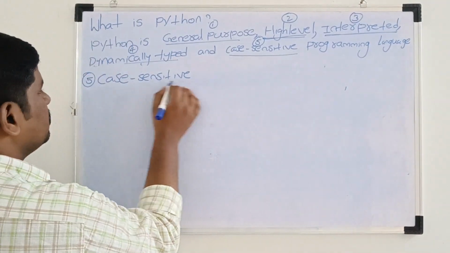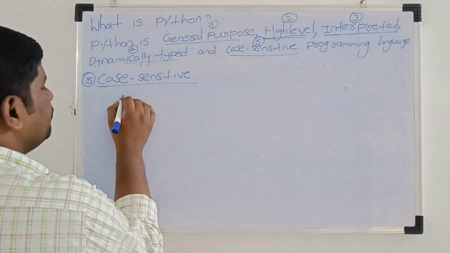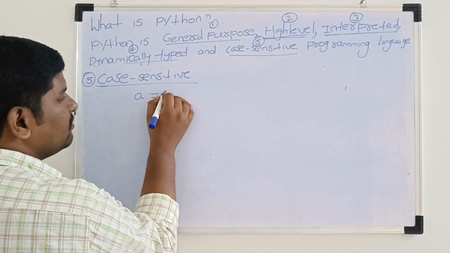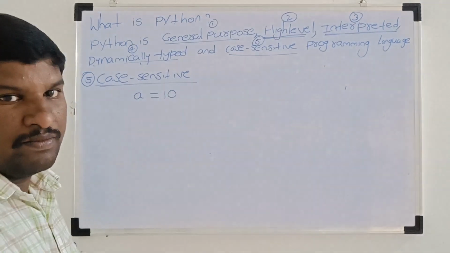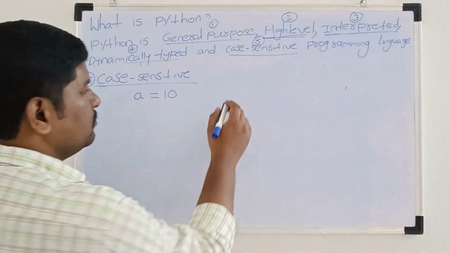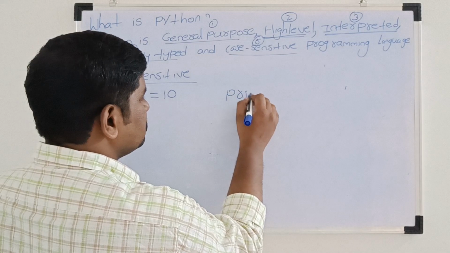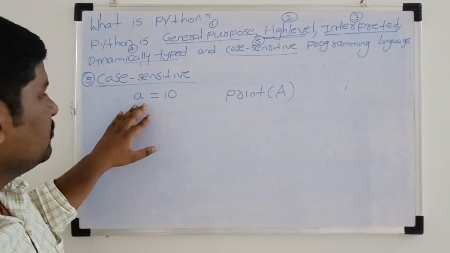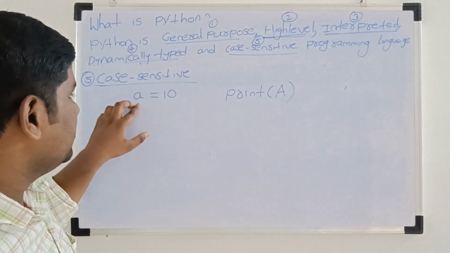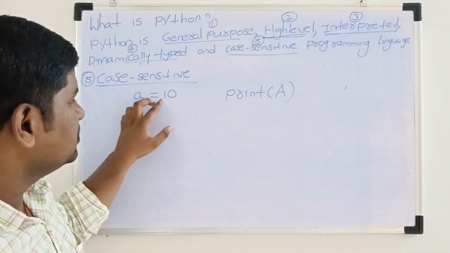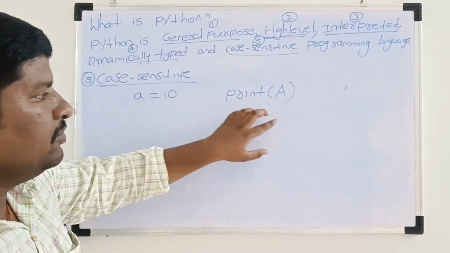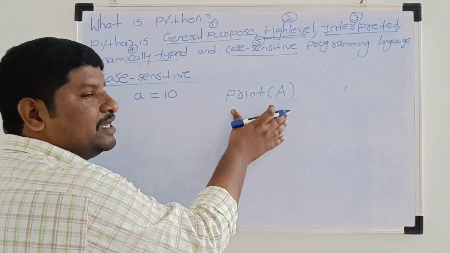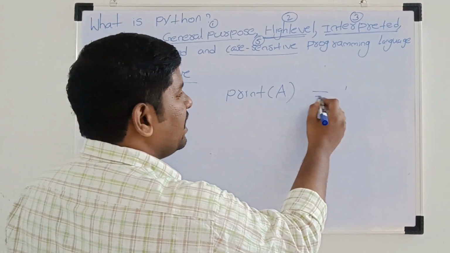For example, if you declare a variable a and initialize its value as 10, now you try to print it like this, print capital A. Here you initially declared variable a with value 10, and when you try to print capital A, it will immediately result in an error.